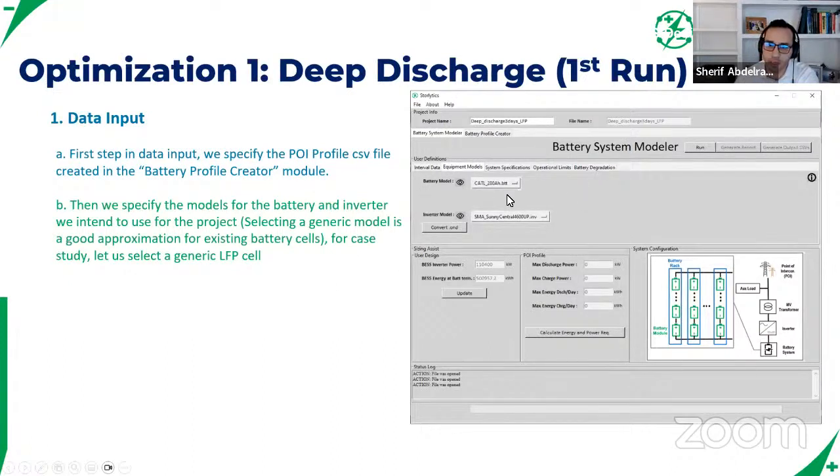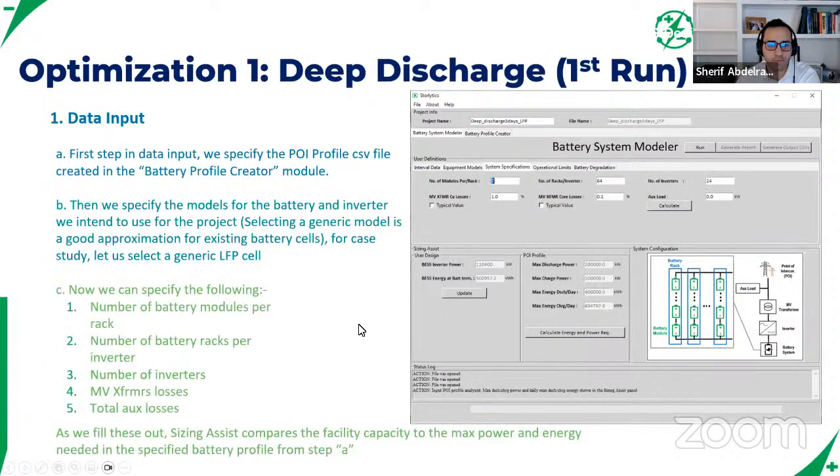Here we're assuming an LFP battery, in this case, CATL's 280 amp hour cell. And the inverter model we're using here, folks might be familiar with it, is the Sunny Central Storage 4600 kVA unit. Then we're simply sizing the system, keeping an eye on the sizing assist tool here.